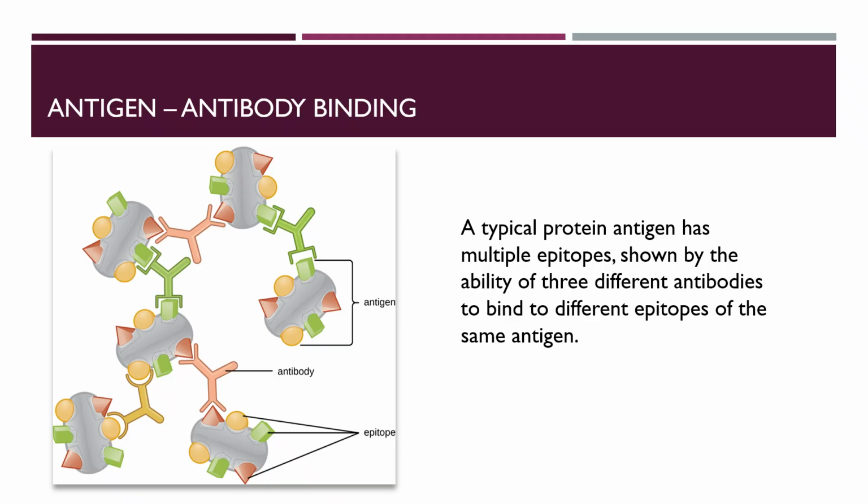And so the goal is for the antibody from your immune system to bind with the antigen on the bad guy, on the bacterial cell, so that it can destroy it. And when it binds to that, they call that antigen antibody binding.